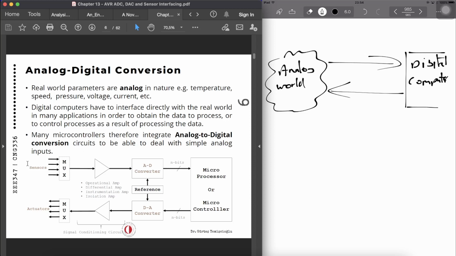Now we need these devices. So why are we using MUXes over here? In order to have analog to digital converters, now this is not a small device. We need many of these. If you have, let's say, 4 or 5 sensors, then you need 4 or 5 analog to digital converters, which is going to be expensive, costly, area-wise, power consumption-wise.